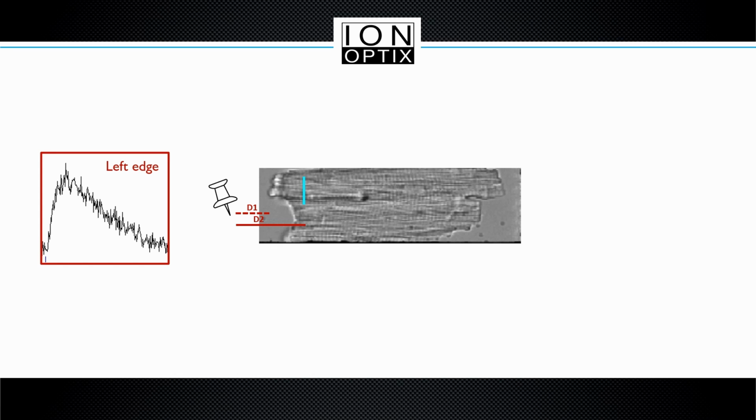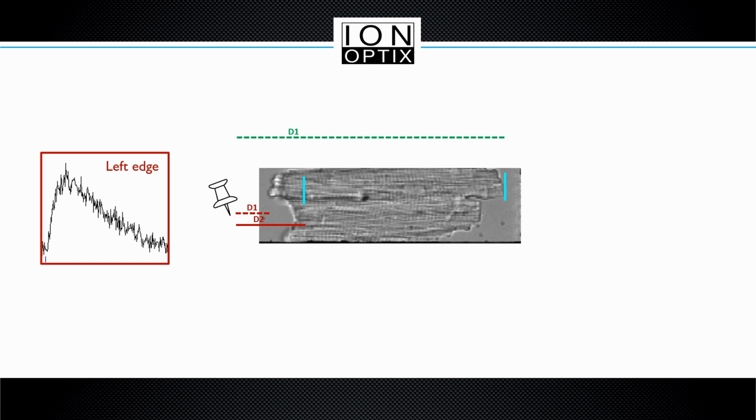To explain this, it's crucial to understand that the movement of cell edges is relative to the left side of the image, where the reference point is. So, when a cell contracts, its left edge moves inward, which increases the distance from the reference point. Consequently, the left edge trace rises as the cell contracts and then returns to its original position as the cell relaxes.